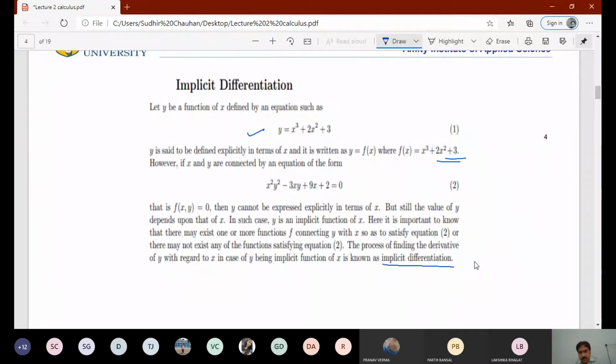So we should be clear that if y can be written in terms of x, that means one variable y can be expressed in terms of another variable, that is the independent variable, or if x can be expressed in terms of y.